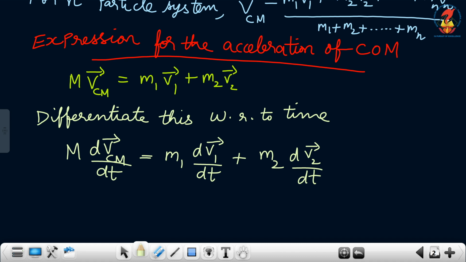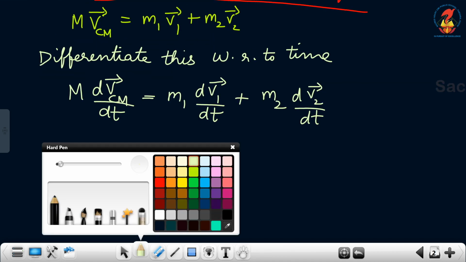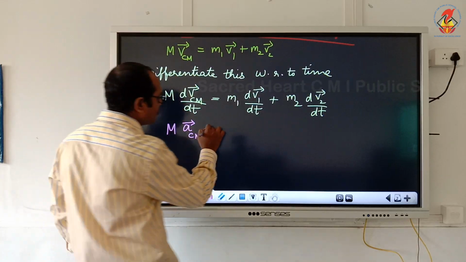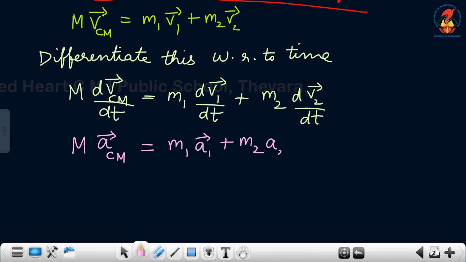dv by dt is called acceleration. So, M into ACm, the acceleration of the center of mass, is equal to m1 into dv1 by dt, which is called A1, plus m2 into A2.